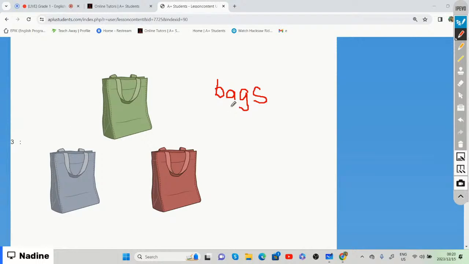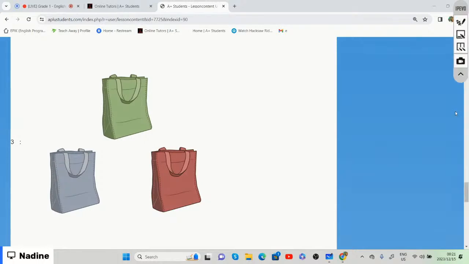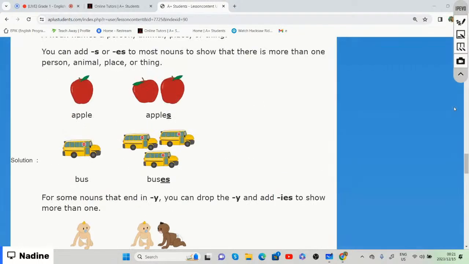So one bag, three bags. So bags, and that shows that there is more than one. It shows a plural noun.